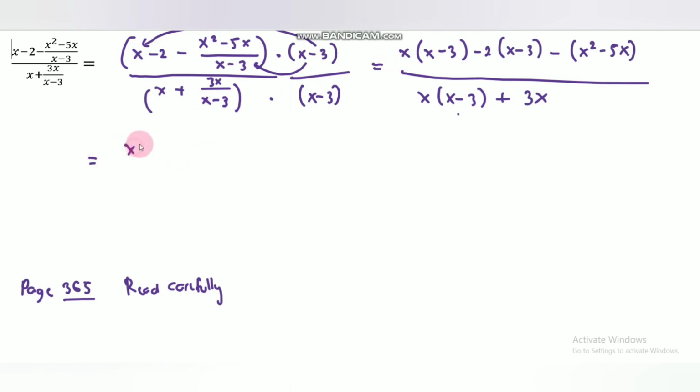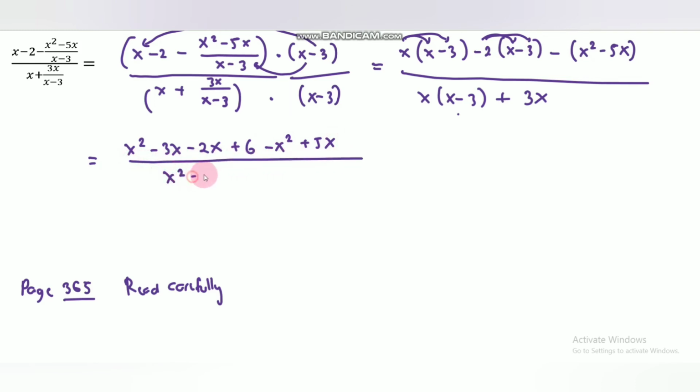It will be x squared minus 3x, minus 2x plus 6, minus x squared plus 5x over, this one is x squared minus 3x plus 3x. Can we still simplify it? Of course.